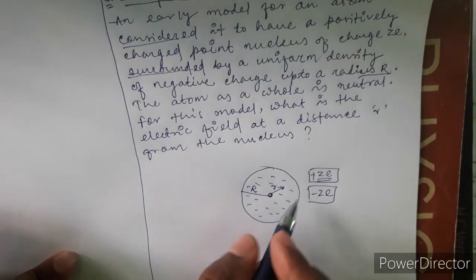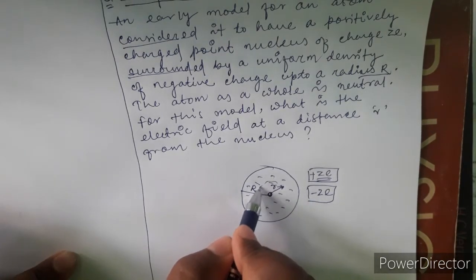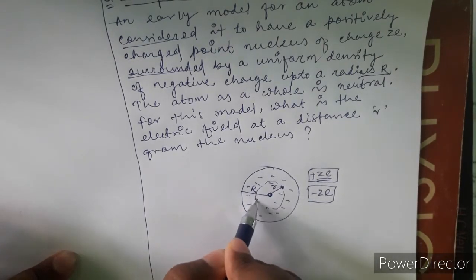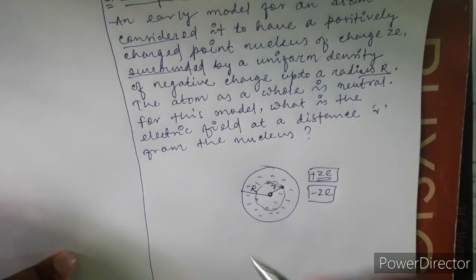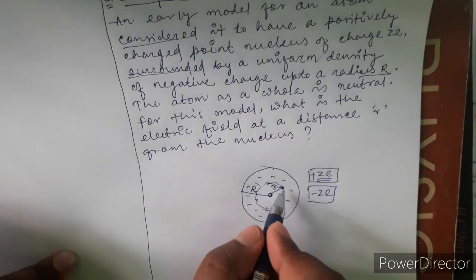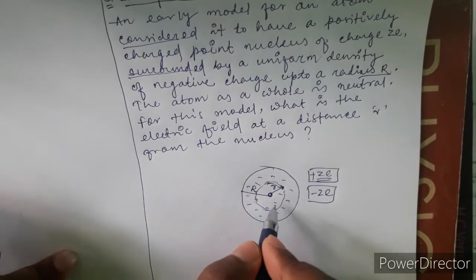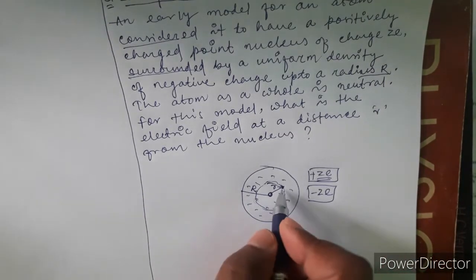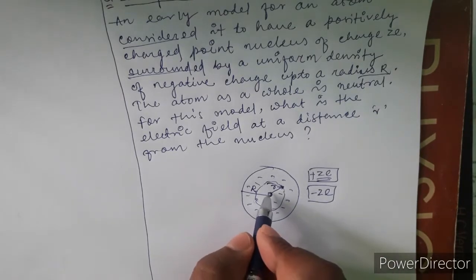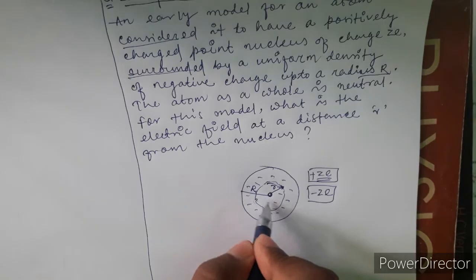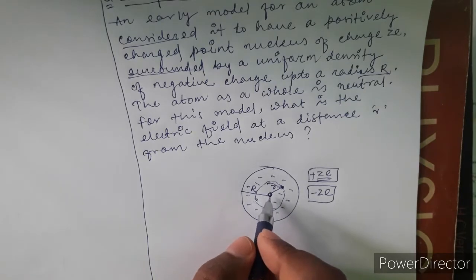How will you calculate it? We will just draw a Gaussian surface, because you can choose a Gaussian surface according to the situation. So we are drawing a closed Gaussian surface here, with the smaller radius r. Now what is the total charge inside this Gaussian surface?